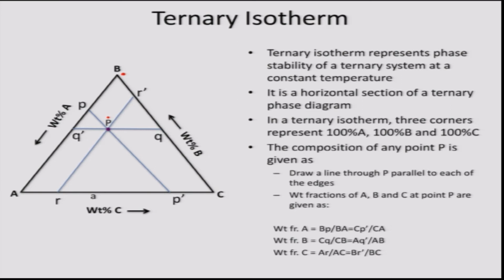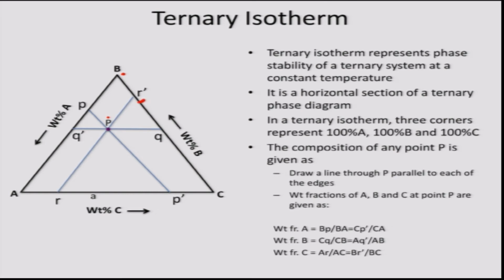Similarly, the concentration of B in the alloy P is the ratio of length AQ prime with the length AB, or equivalently the ratio of length CQ with the length CB, and the concentration of C is the ratio of length AR and length AC, or the ratio of BR prime and BC.